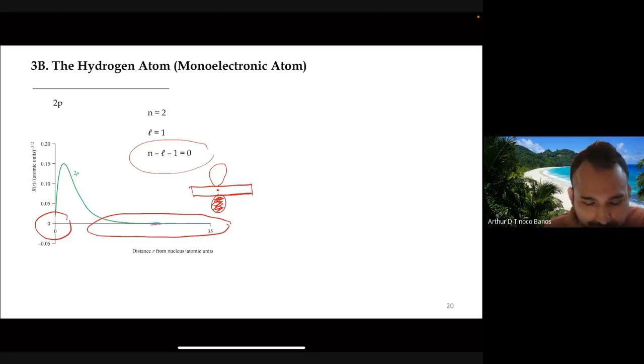Well, that is reflected here: at the origin of a p orbital, there should be no probability of finding electrons because there is no location for it to exist. So remember what I said: every orbital except the s orbital will have a node at the origin. That's what we're seeing here. This is not a radial node, but it is a node in general.